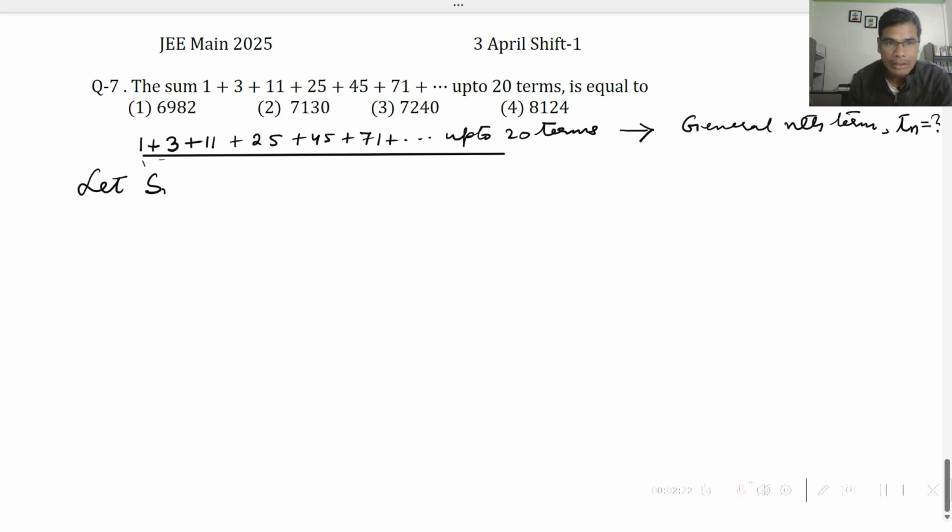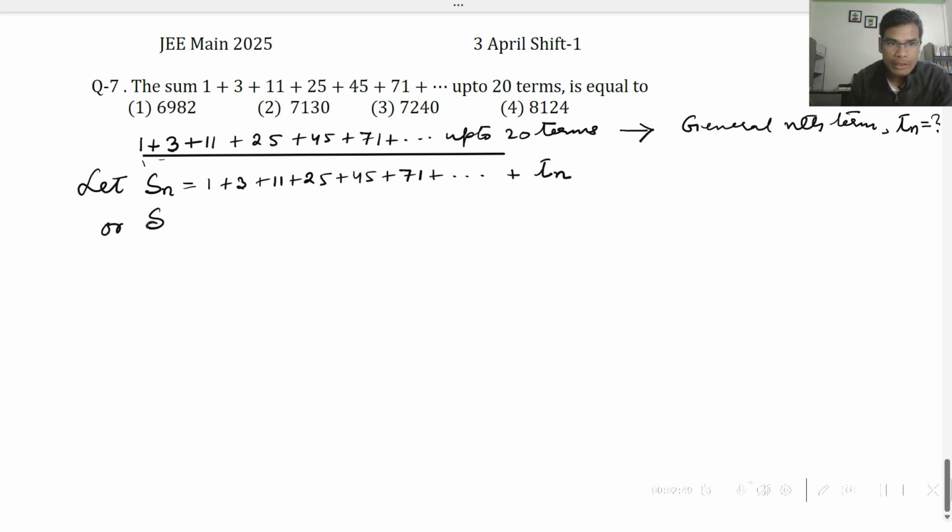Let's call it S suffix n. So this is equal to 1 plus 3 plus 11 plus 25 plus 45 plus 71, then continue all the way up to the nth term, say t suffix n.